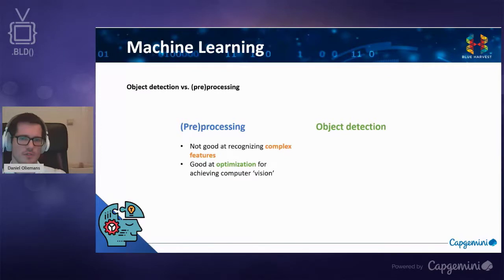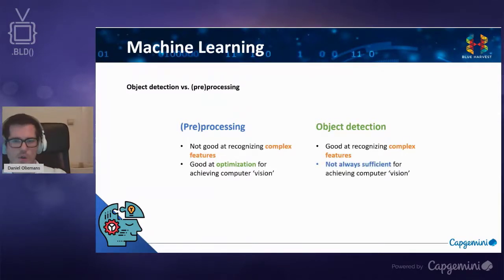So if we find the location of, say, a license plate on a car, there are some tricks that we can use to actually make the characters more readable, for example. On the other hand, object detection is quite good at recognizing complex features, also different kinds or multiple features inside images.